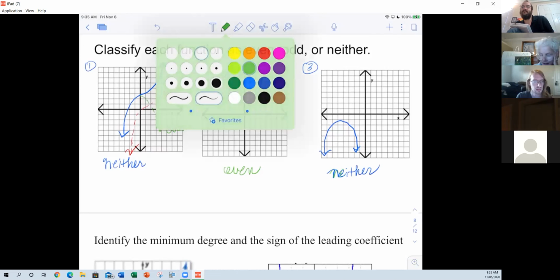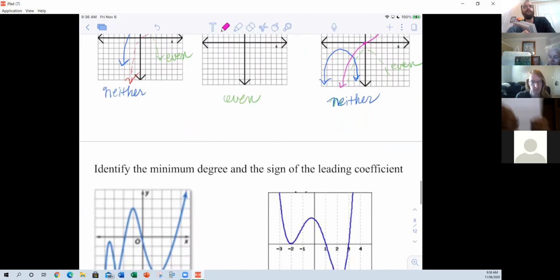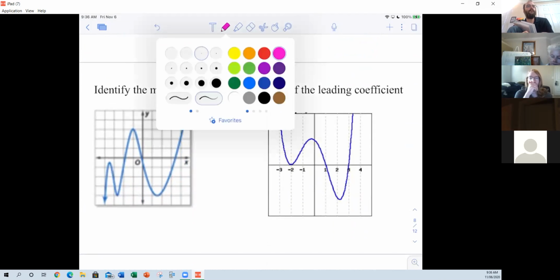Right, if we moved it to the right, this could be even. And how could we make it odd? It would have to pass through the origin, right? And it'd also have to be going, one side would have to be going up instead of down. Good.